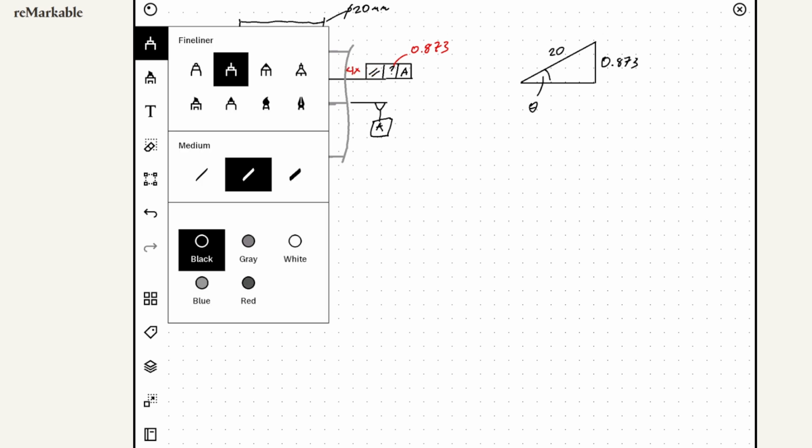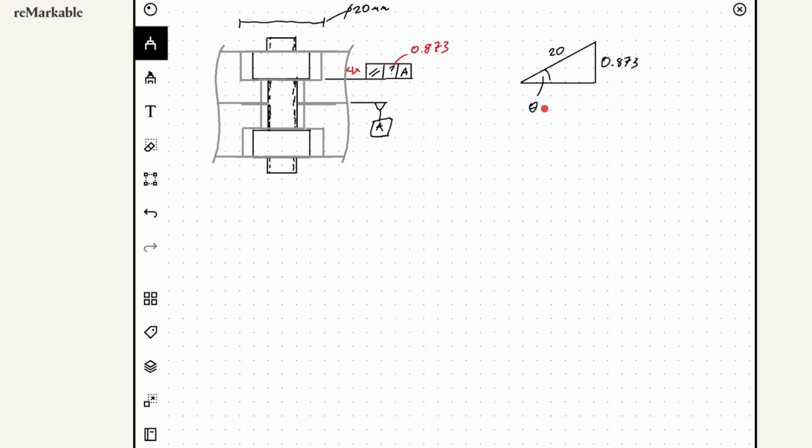So let's do the math and see what this angle that we're actually going to get is. Remember, sine theta is equal to opposite over hypotenuse. So theta is equal to inverse sine of opposite over hypotenuse, which is equal to inverse sine of 0.873 over 20, which is equal to 2.5 degrees.